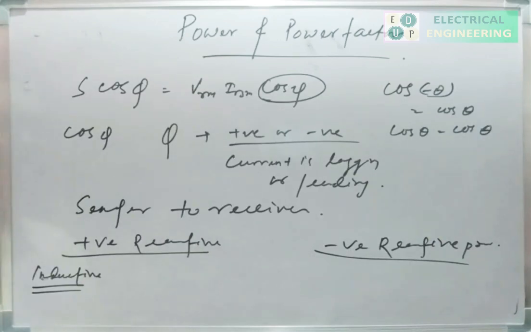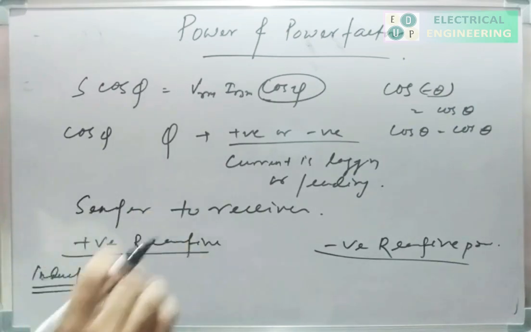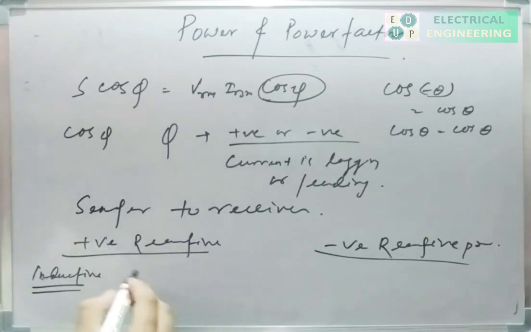We have already discussed in the previous classes that an inductor opposes sudden change in current. And how does it do it? It does it by lagging the current from the voltage. If current is lagging from the voltage, it can oppose a sudden change in current.